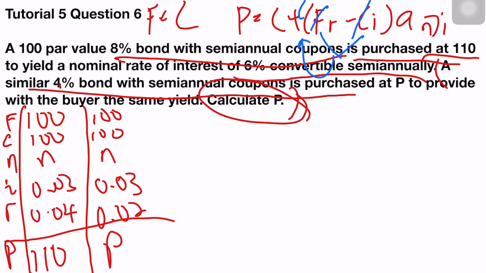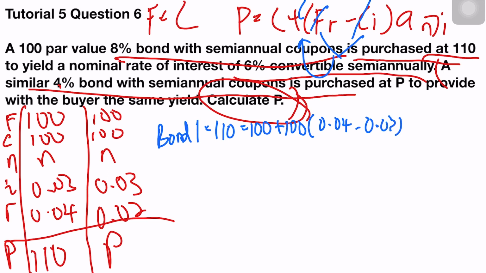For bond 1, the price 110 equals 100 plus 100, and we can get A equals 10.